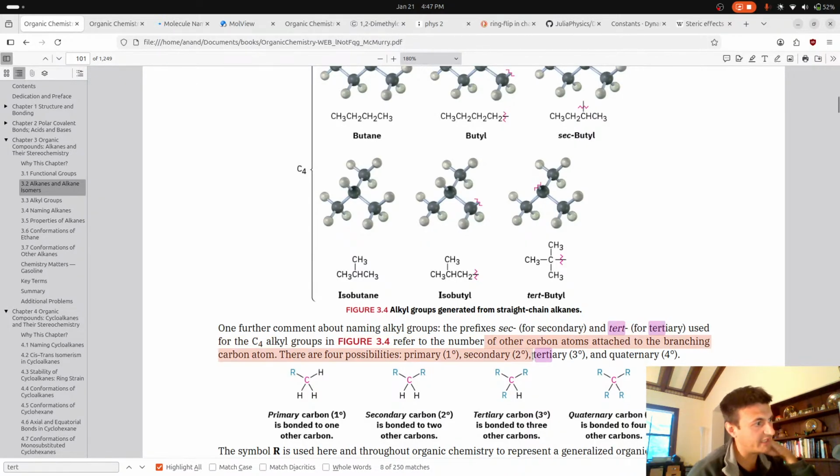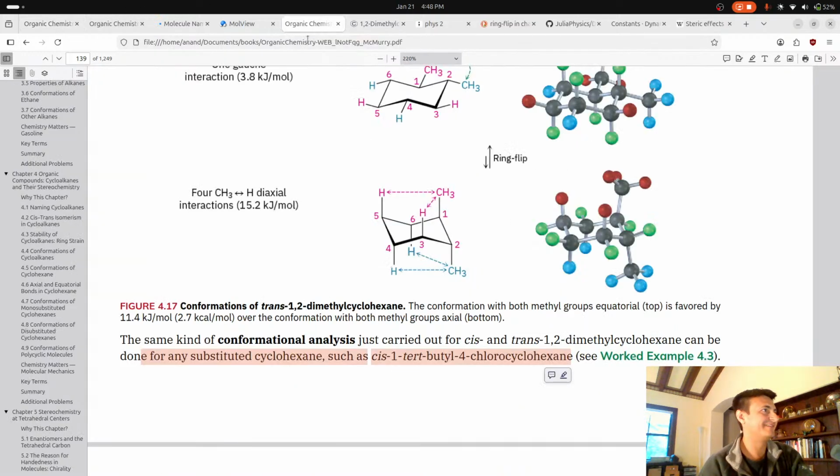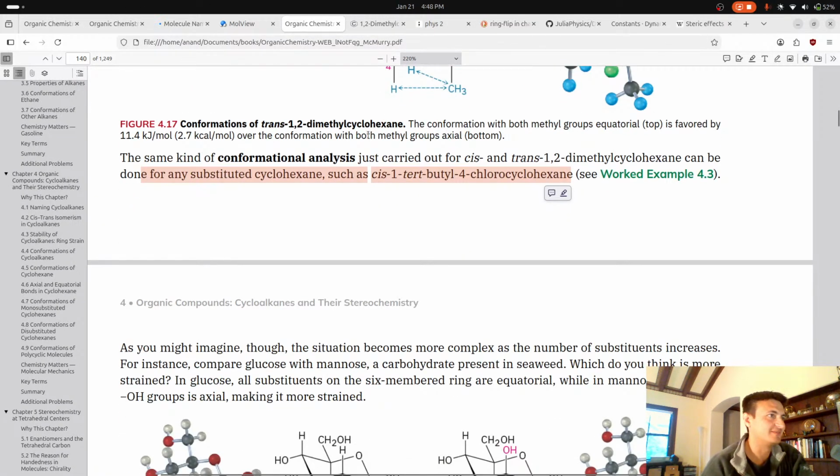Attached to the branching carbon atom. I don't really like the tert stuff. That one doesn't really click with me. But okay, tert-butyl 4 chloro, and it's cis.